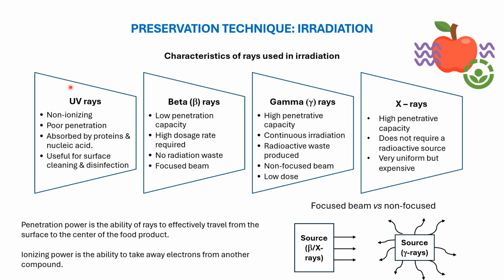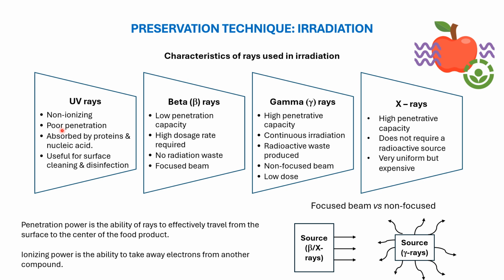First is UV rays. They are powerful bactericidal agents that have an effective wavelength between 250 nanometer to 300 nanometer. They are non-ionizing in nature, meaning they do not have the ability to take away electrons from another compound.